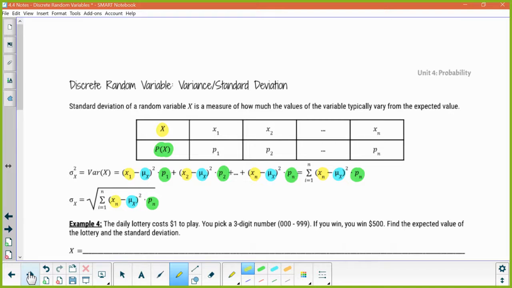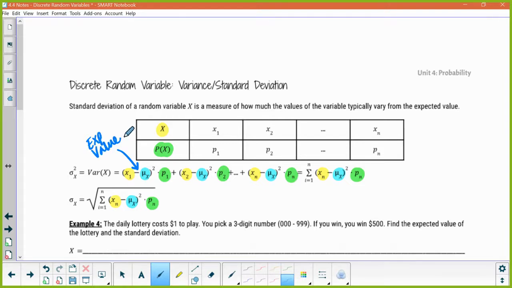Variance is how much our data actually differs from the mean. So notice I'm not only including my outcomes and my probabilities, but now I'm including my mu of x. That represents my expected value, or if you want to call it, your mean.